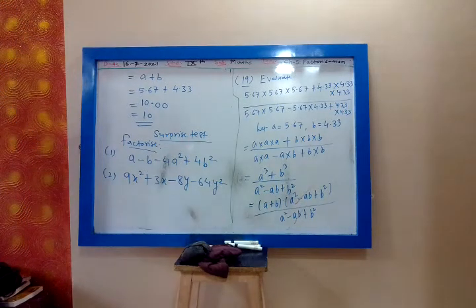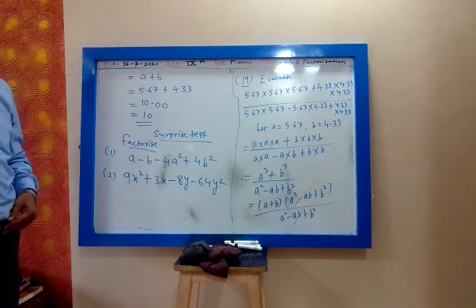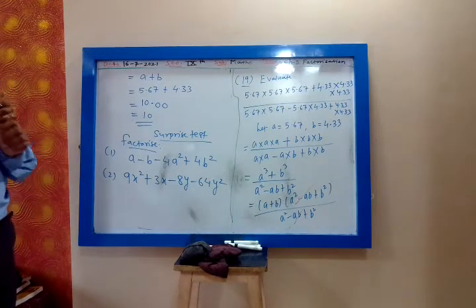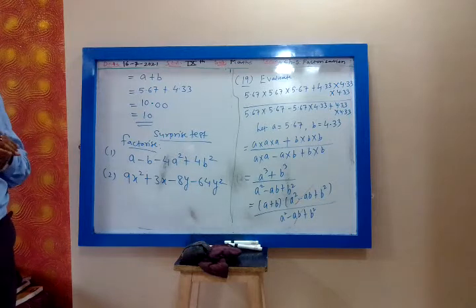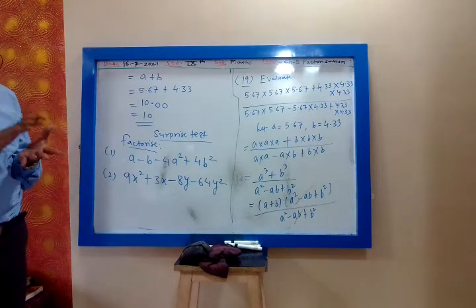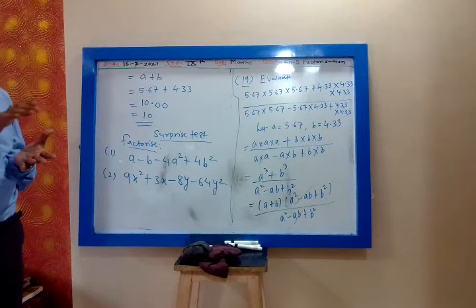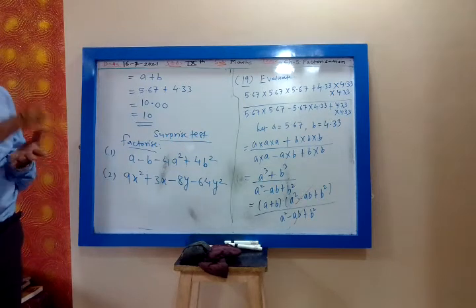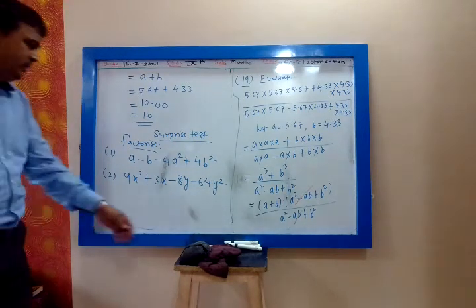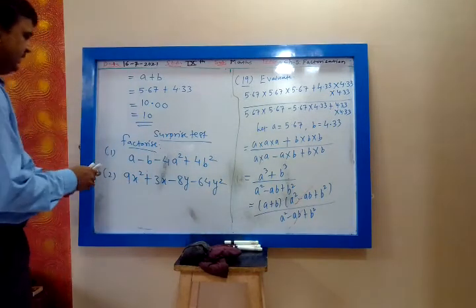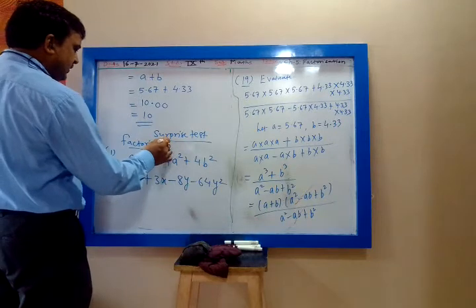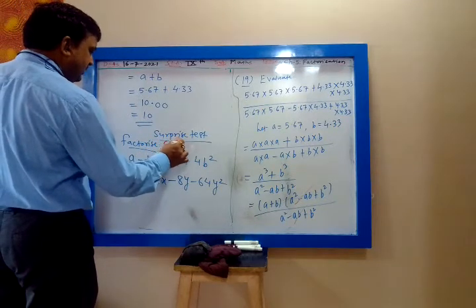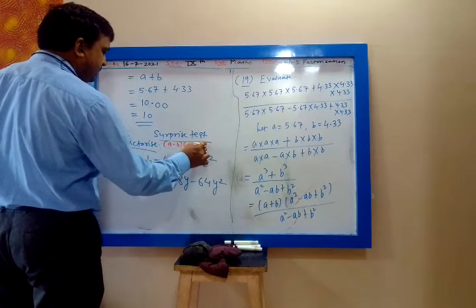A minus B common, so the answer is A minus B into 1 minus 4 bracket A plus B. So the answer will be A minus B into 1 minus 4A minus 4B. Yes, so A minus B into 1 minus 4A minus 4B is the answer.